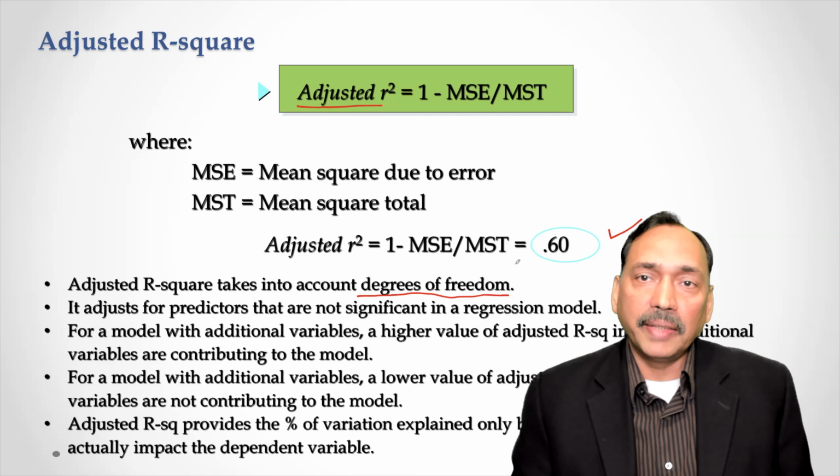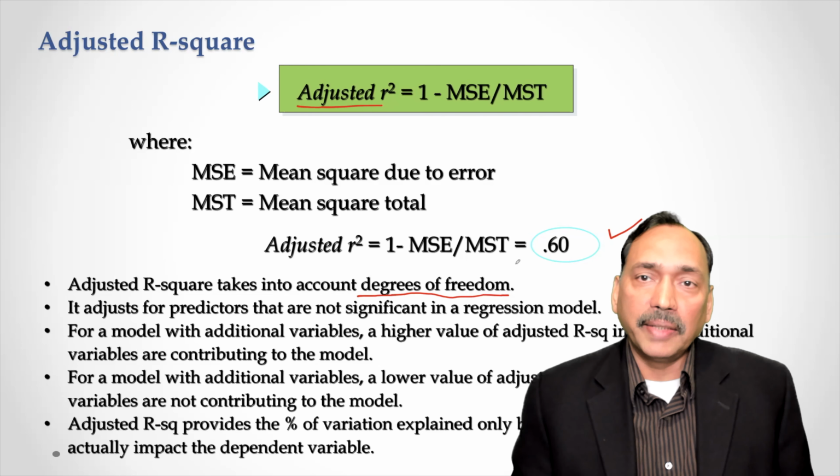Another good thing is that it adjusts for predictors, or your X variables, independent variables, that are not significant in the model. So it makes an adjustment. It doesn't just go up and up and up like R square, but it adjusts to things that are not significant.